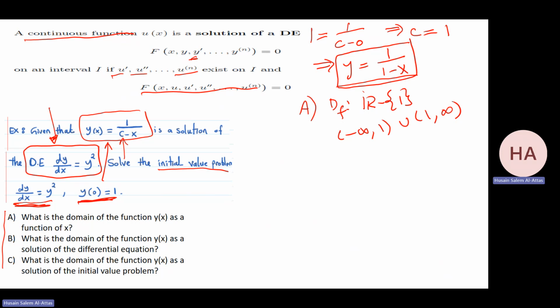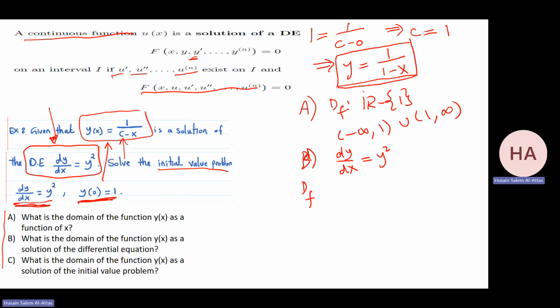Okay. What is the domain as a solution of the differential equation? Part B, I'm dealing with the differential equation only, no condition. The domain here, I cannot take both. Why? Because it will not be a continuous function, because I have a problem at 1.